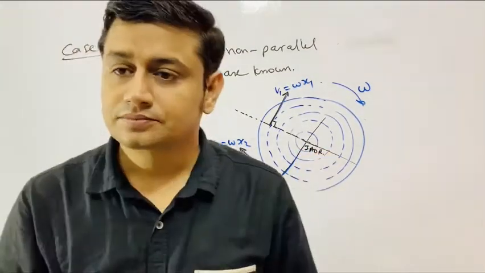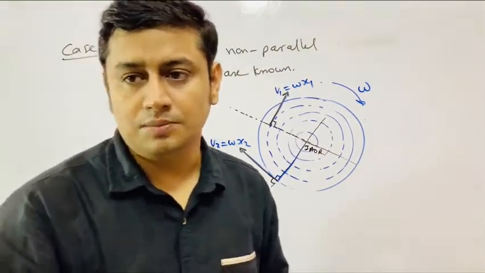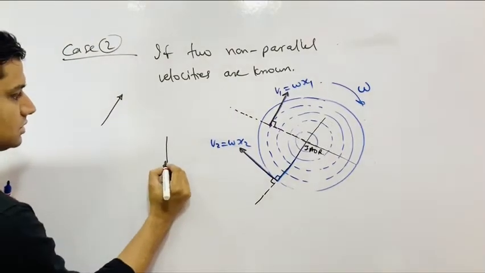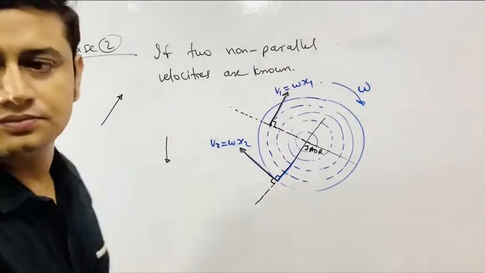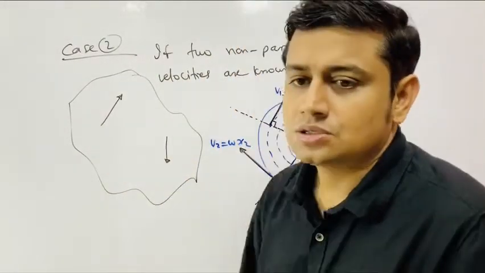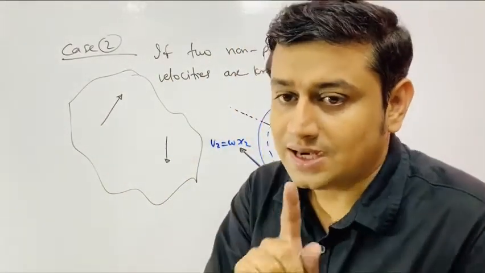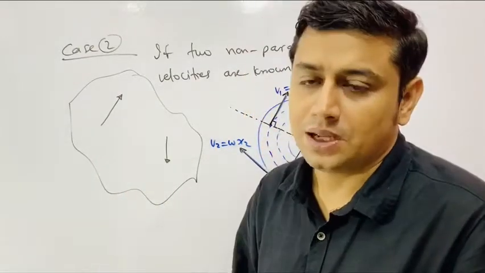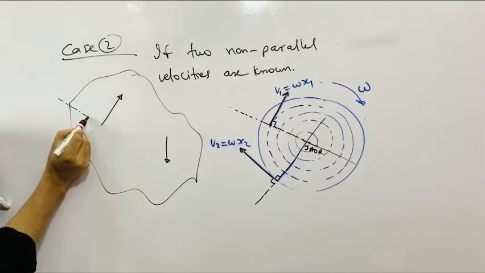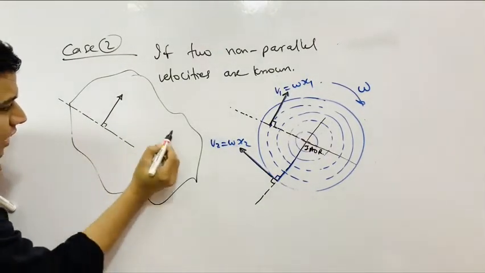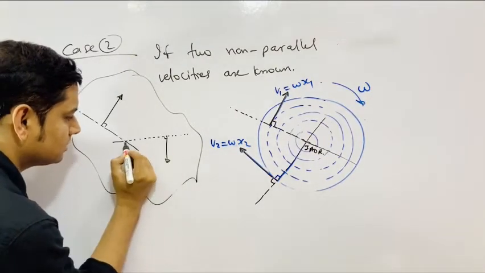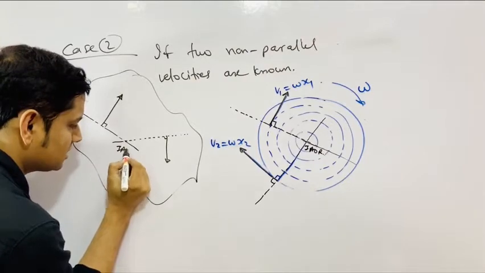That means, whenever you know any two non-parallel velocities of the body, if you know any 2 points whose velocity directions are known, and they are not parallel, drop a perpendicular on the tail of this, and drop a perpendicular on the tail of this. Wherever they meet, this is the instantaneous axis of rotation.